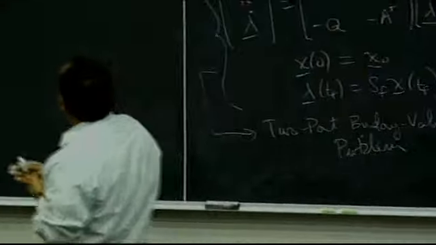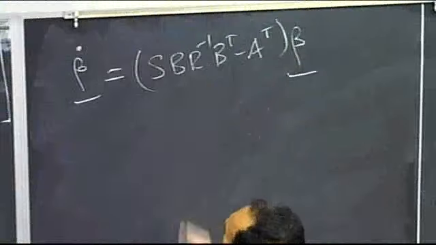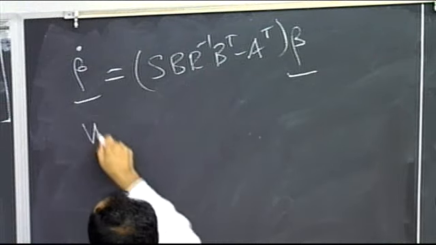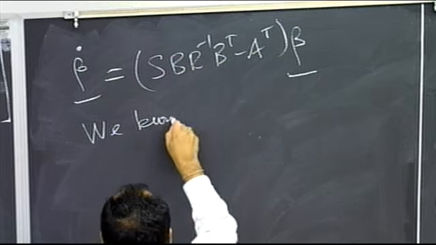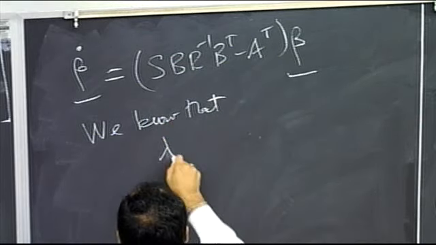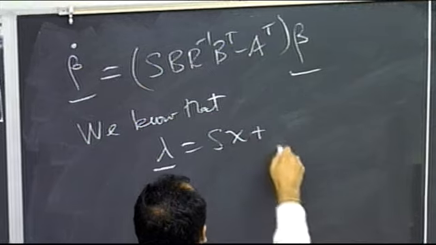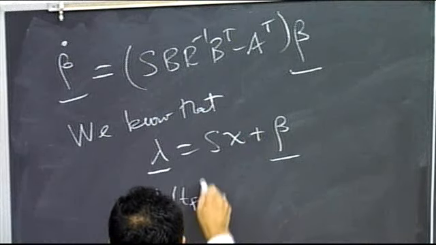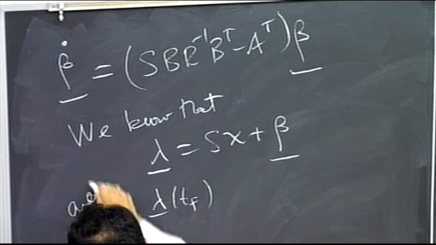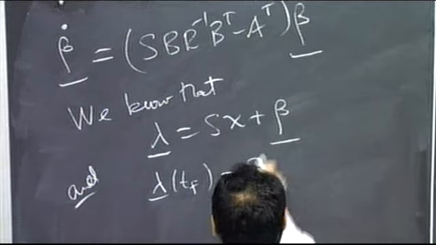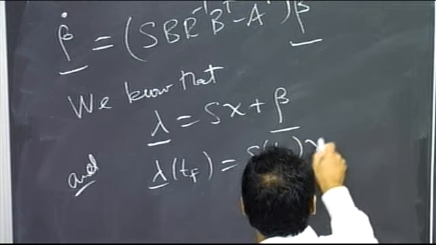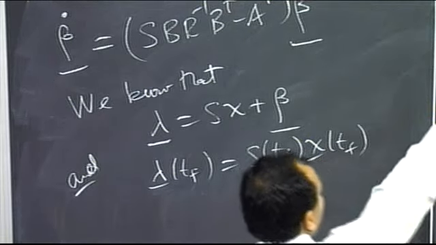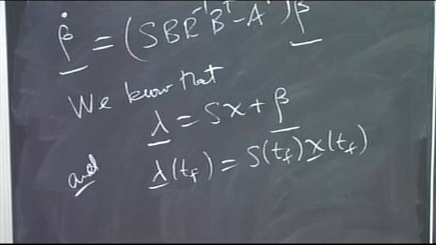So what's the solution to this? Well, I know that lambda is equal to Sx plus beta. But we also know that lambda at Tf is equal to S at Tf times X at Tf, because that was the boundary condition I got when I derived the optimality conditions.